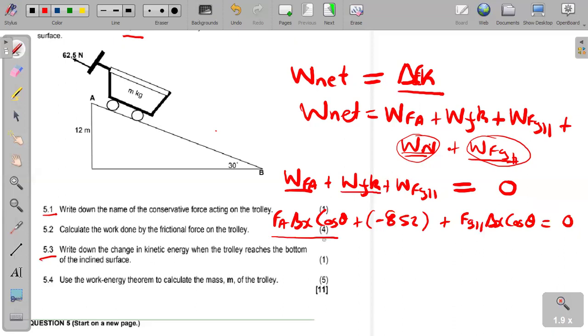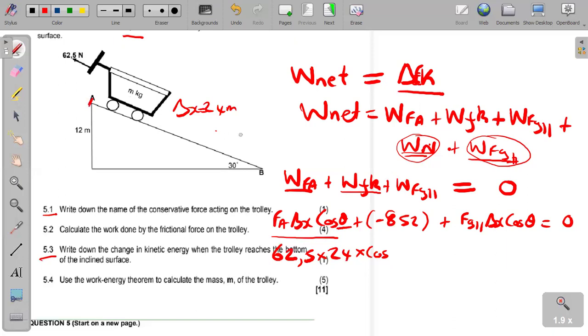So substituting on the work done by the applied force, we have an applied force of 62.5 multiplied by 24. Mind you, our delta x is 24 meters. So multiplied by 24 times cos. Many candidates actually have a problem in identifying the theta. The easiest way of knowing is when the force and the displacement... How do you know the direction of the displacement? The direction of the object is actually the direction of the displacement. The object is going down the incline.